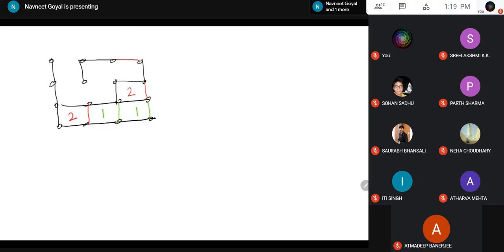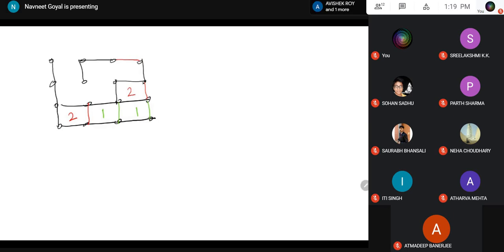He has to make the next move. Yes or no? Okay. So where? I think no, this one is not there right now because of 2 boxes.